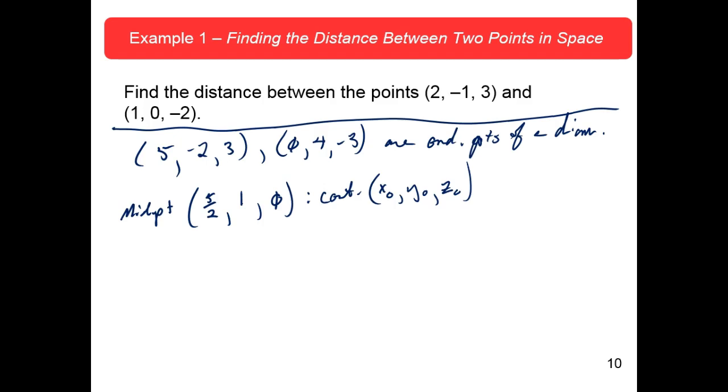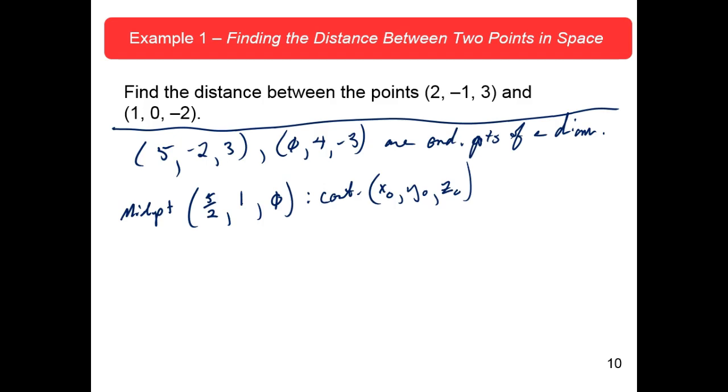Okay, I know that. Can we get that with just the information we've got here? How? First you put the square root. Okay, the distance formula.